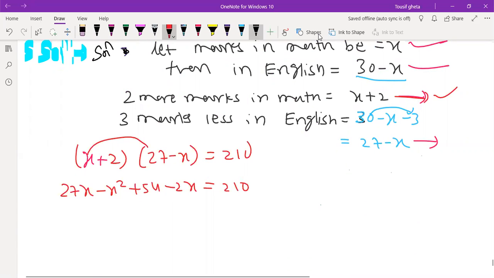So this 27x and this 2x are like terms, so you can write minus x square, 27 minus 2 will get 25x plus 54, is equal to 210. So that 210 we should write.